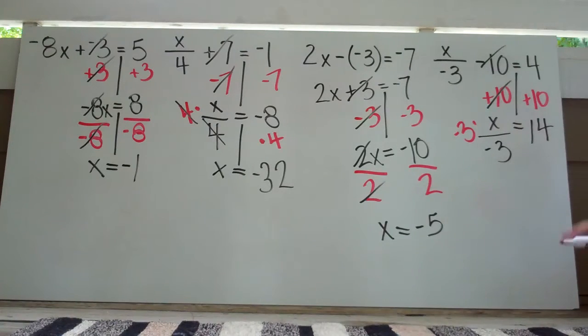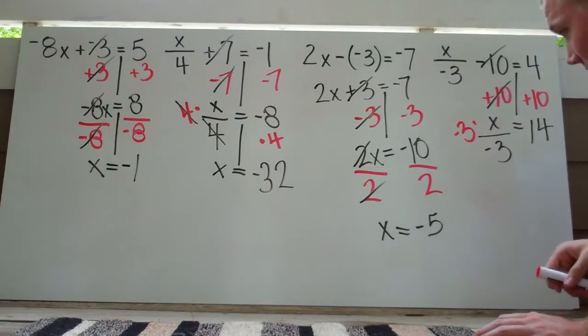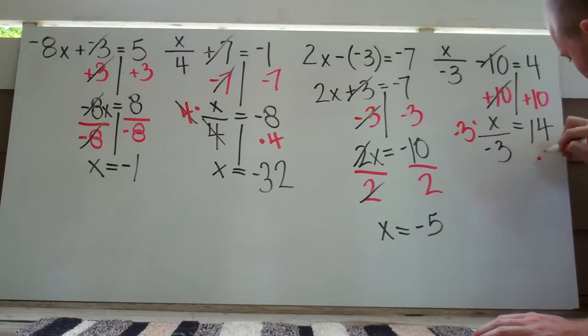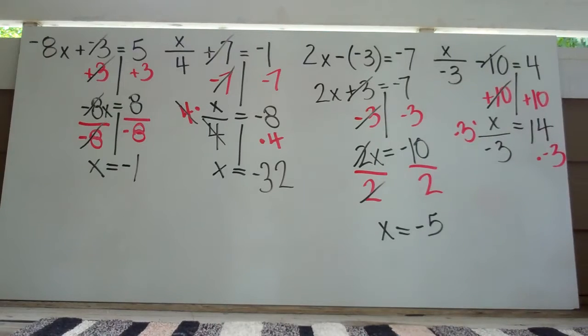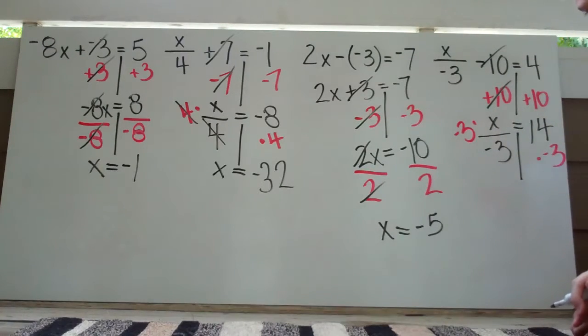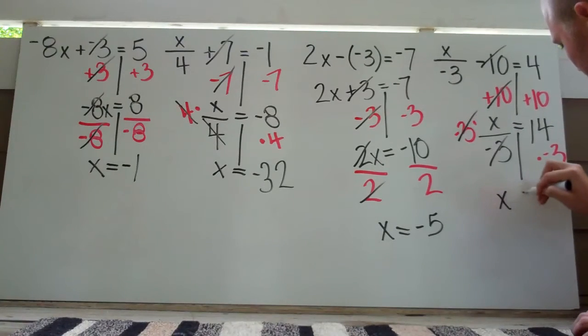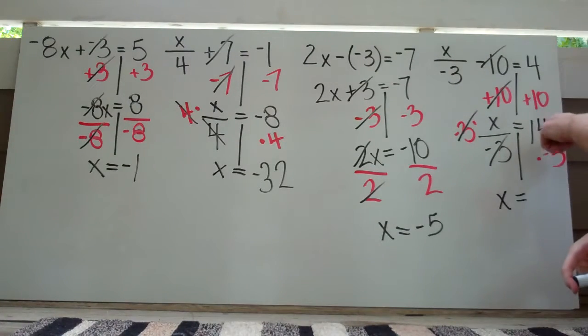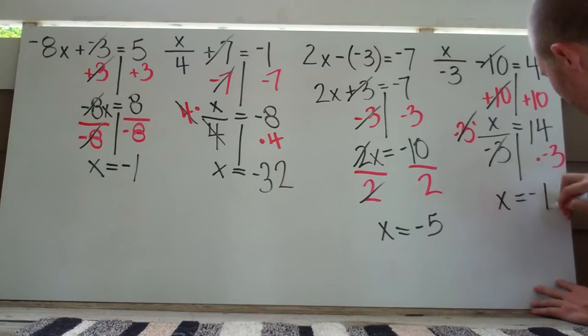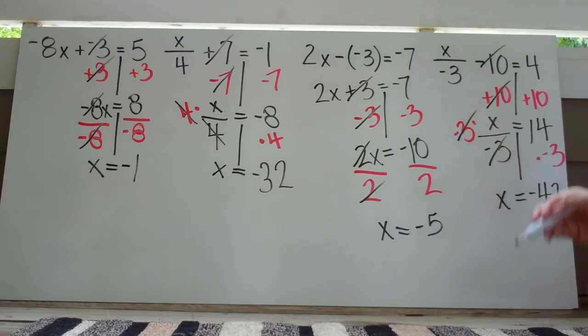Since I did negative 3 times on that side, I have to do it to this side also. Keep these sides separated. These are going to cancel. So all I've got over here is x, which is what I want to solve for. And now I have 14 times negative 3, which is going to give me negative 42.